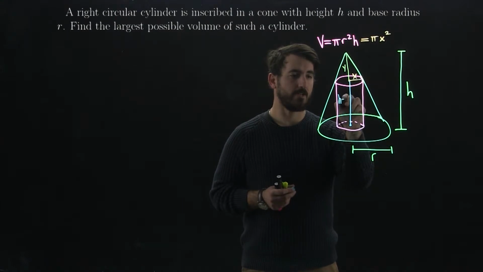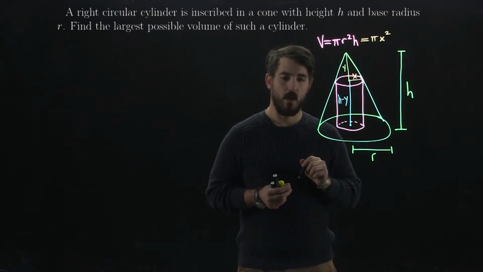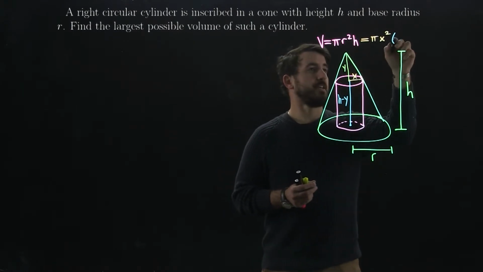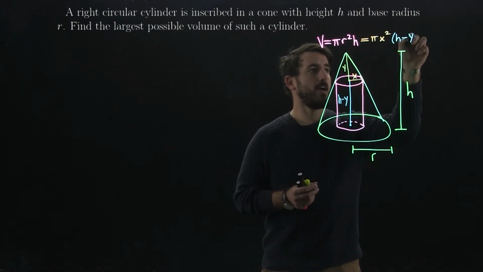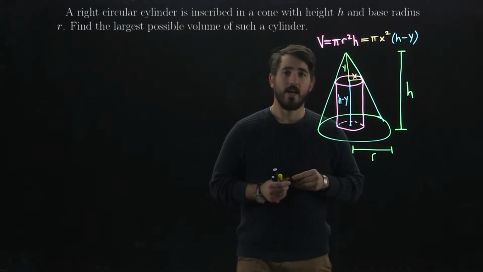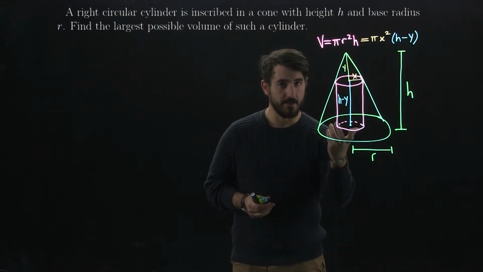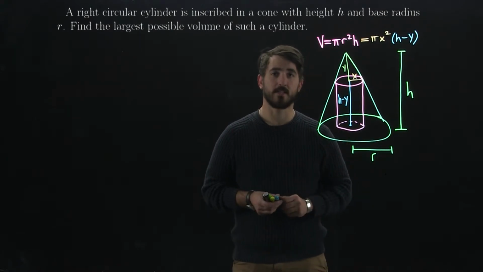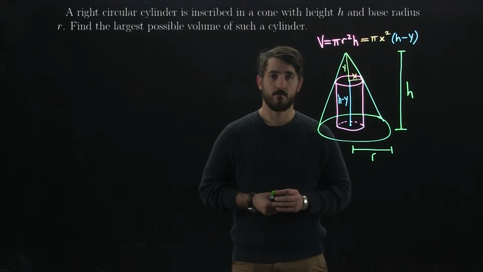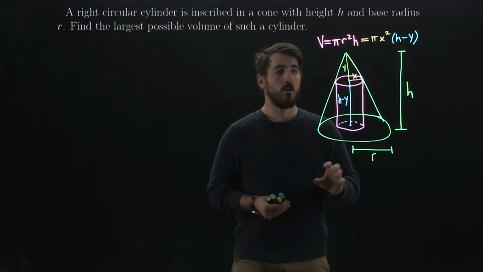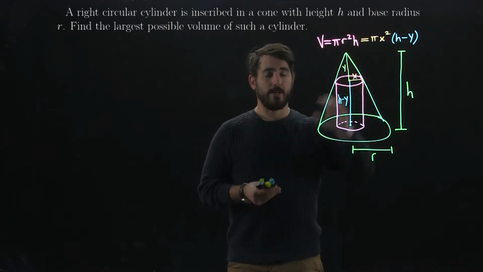So I'll say h minus y. And so that means instead of h, it's going to be h minus y. And so this gives me the equation for the volume of the cylinder inscribed inside of the cone. Now that I have this drawing, I can now maximize this equation.